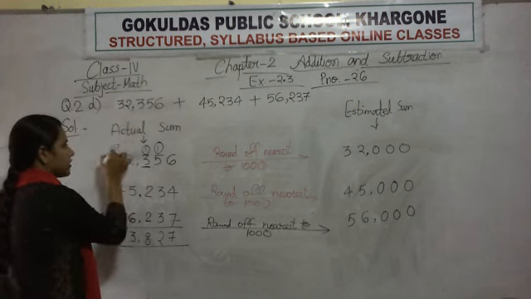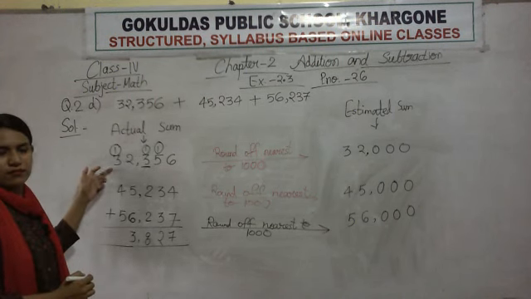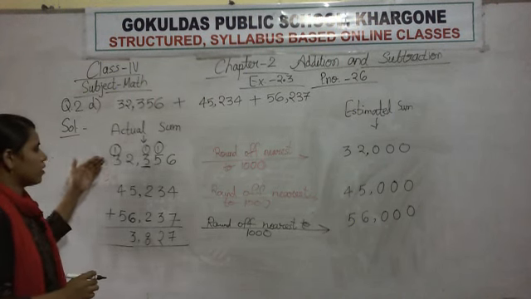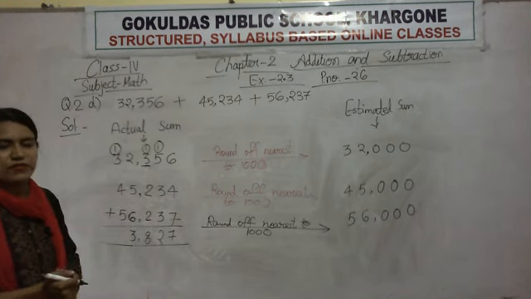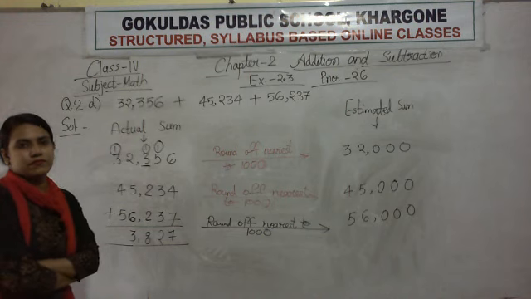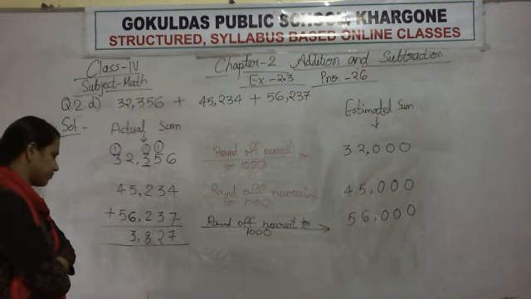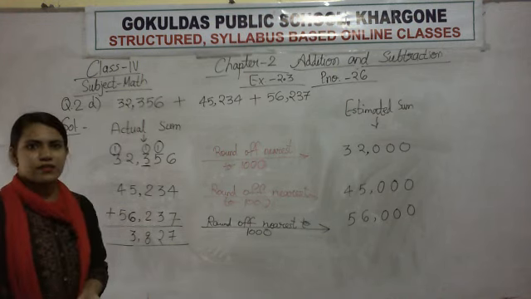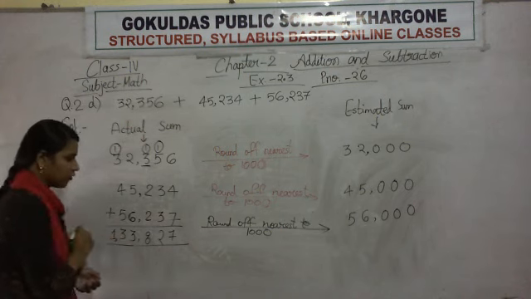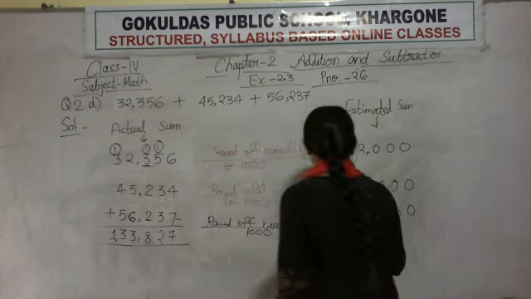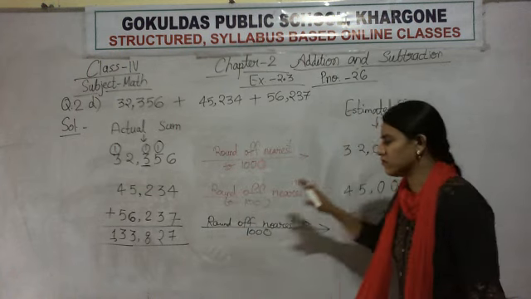So 3 here, 1 is carried over. 1 plus 3 is 4. 4 plus 4 is 8. 8 plus 5, count fast. 8 plus 5 is 13. Okay. We got our actual sum.